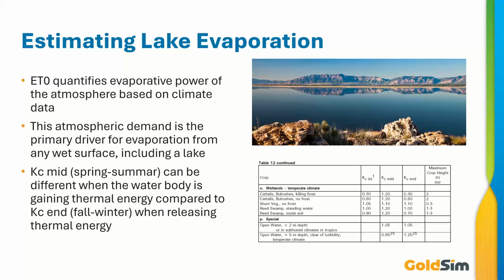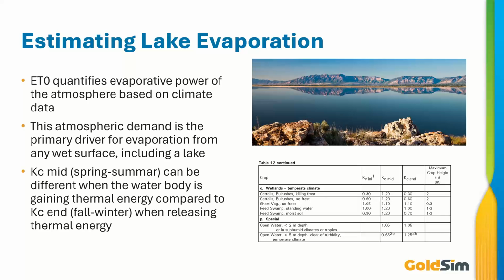The thing with a deep lake, deep water, is that it has more capacity for storing energy, storing heat. And so you might have a difference in the spring and summer than you would in the fall and winter. You just want to keep that in mind.